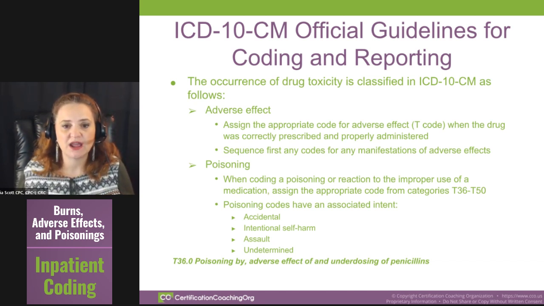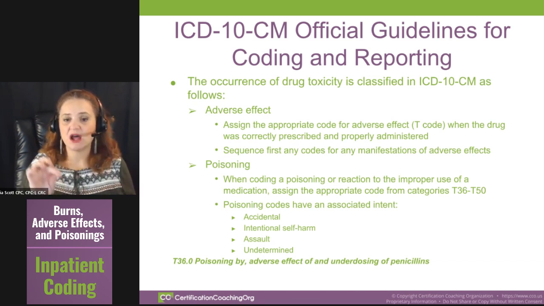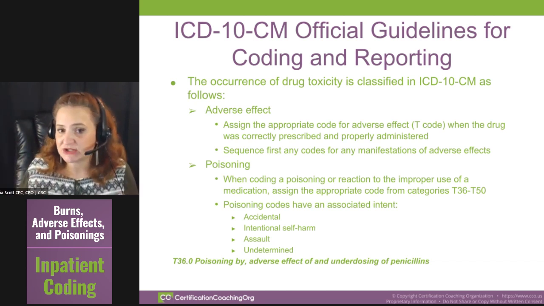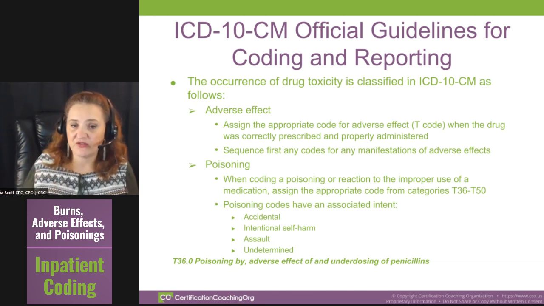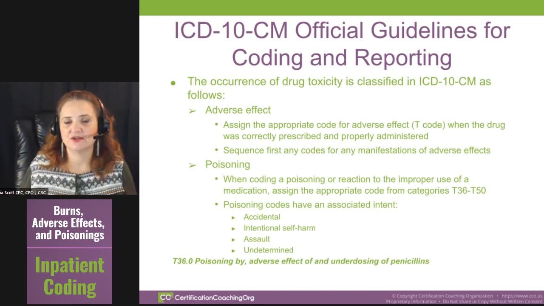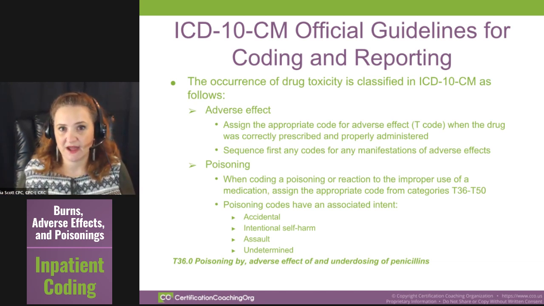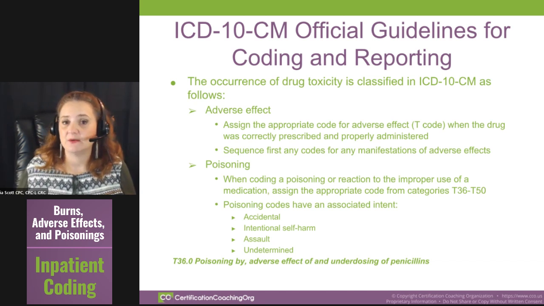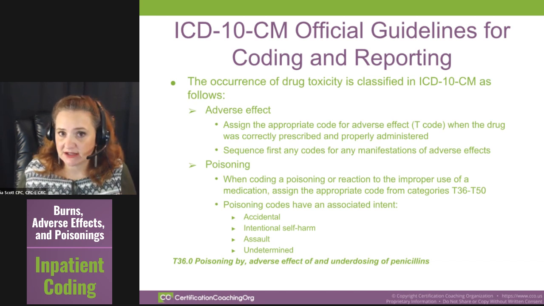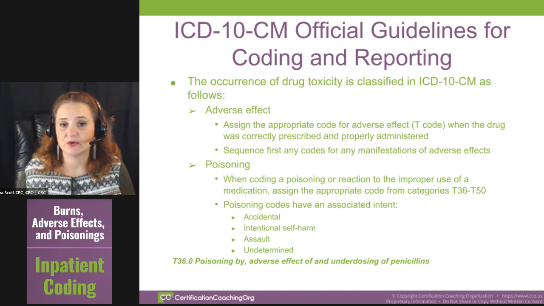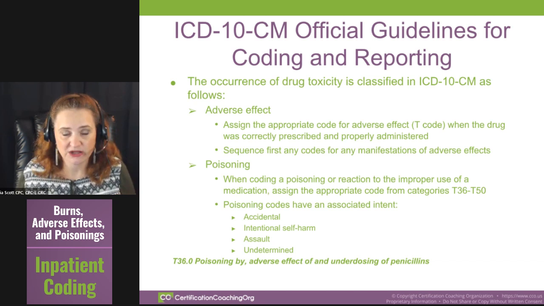When you have a drug that was correctly prescribed and properly administered, but we had an effect, then you're going to use one of these T codes to explain that. An example would be, I was prescribed penicillin. I was given the correct dose, I took the correct dose, and I broke out in hives.